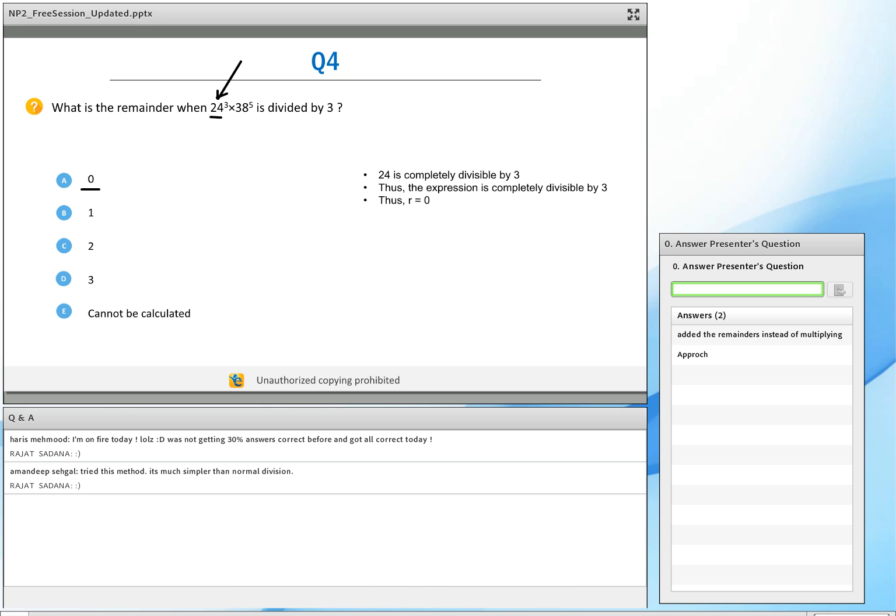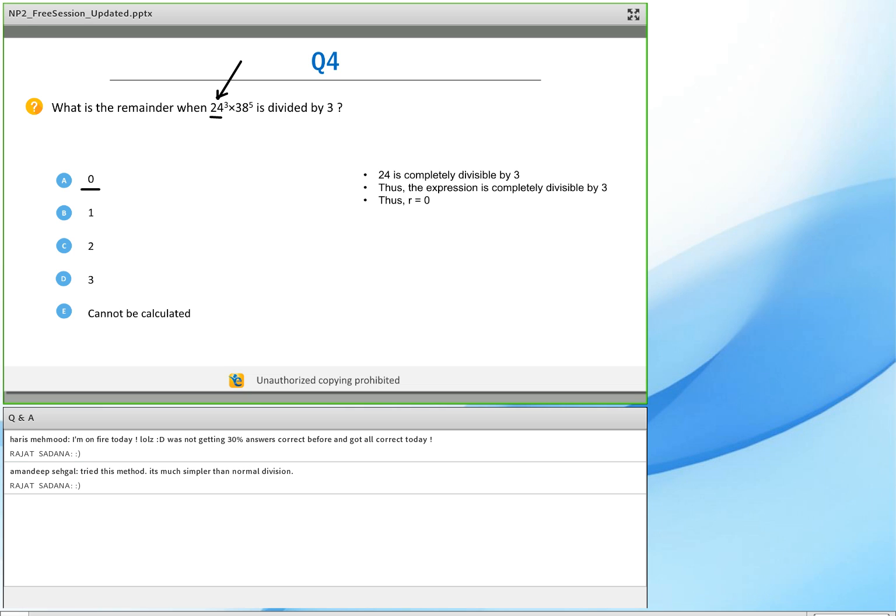For those of you who did make a mistake, you added the remainders instead of multiplying. Approach. All right. We're going to deal with addition as well, but right now we're dealing with multiplication. Okay. Let's go on to the next question.